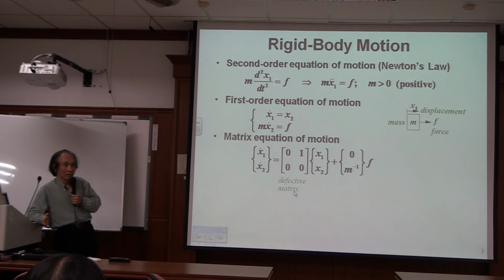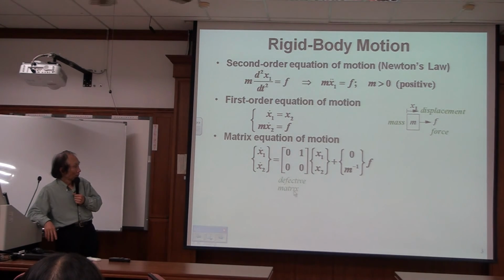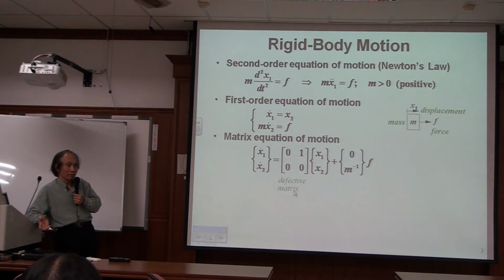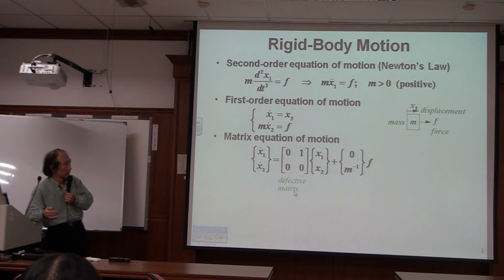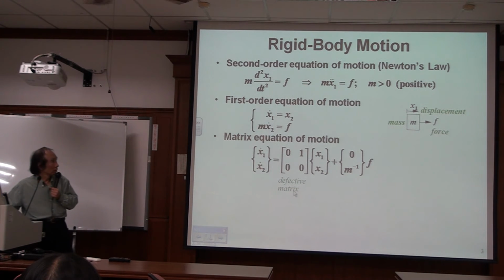This is important. So when you look at these equations of motion, don't just look at the mass. You have to look at something else in the middle. If we solve for the eigenvalue of this 0, 1, 0, 0, what is the eigenvalue? 0. Okay. The Newton law I call rigid body motion.